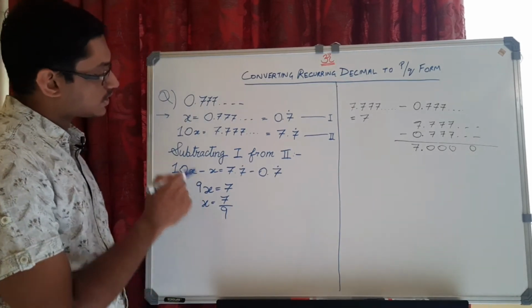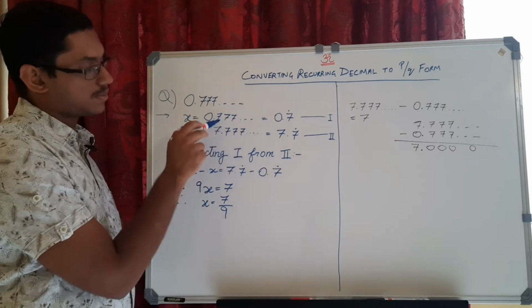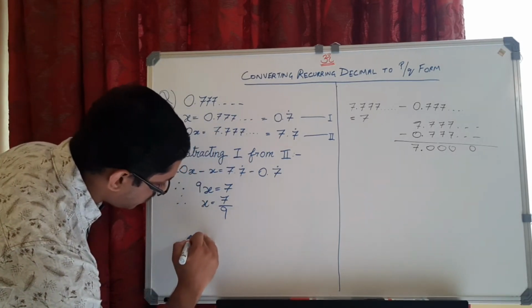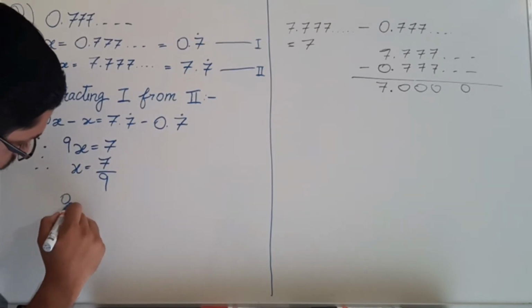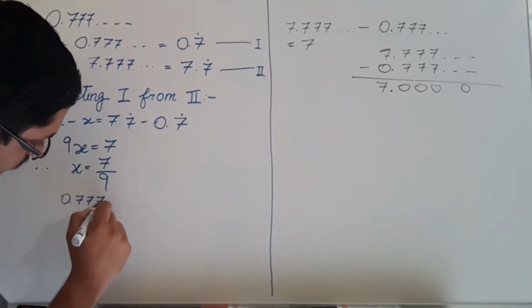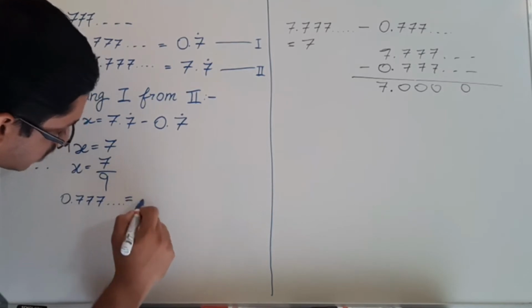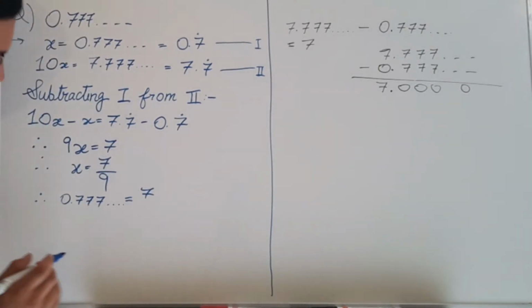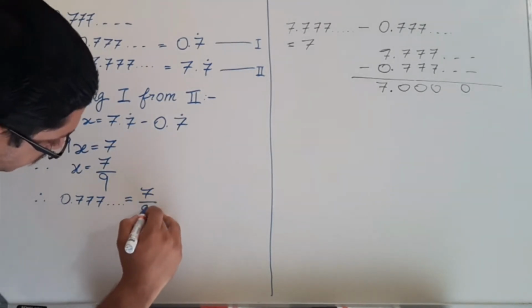So what is x? x is 0.777 continued. So like that we have to write here 0.777 is equal to, again we have to put a therefore sign, okay, do not forget to do this, 7 by 9.